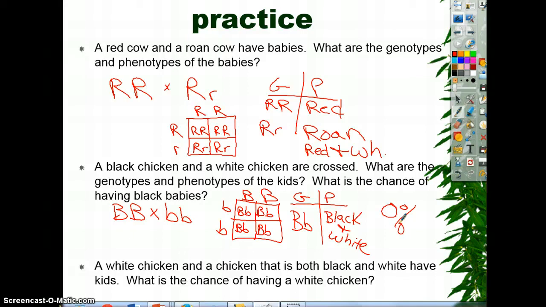Okay, the last thing we have is a white chicken and a chicken with both black and white feathers have kids. What's the chance of having a white chicken? So a white chicken, and then we have a black and white chicken.